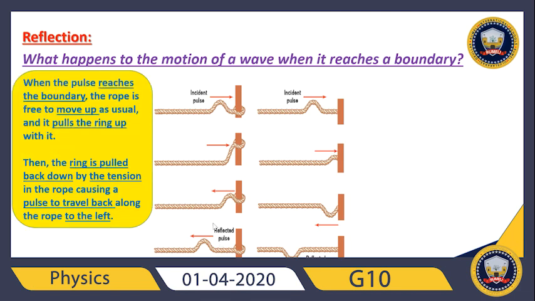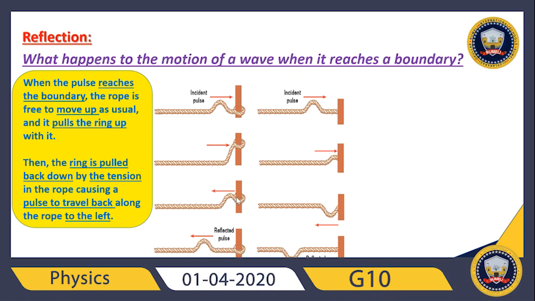So simply again, when the pulse reaches the boundary, the rope is free to move up as usual, and it pulls the ring up with it. Then the ring is pulled back down by the tension in the rope, causing a pulse to travel back.